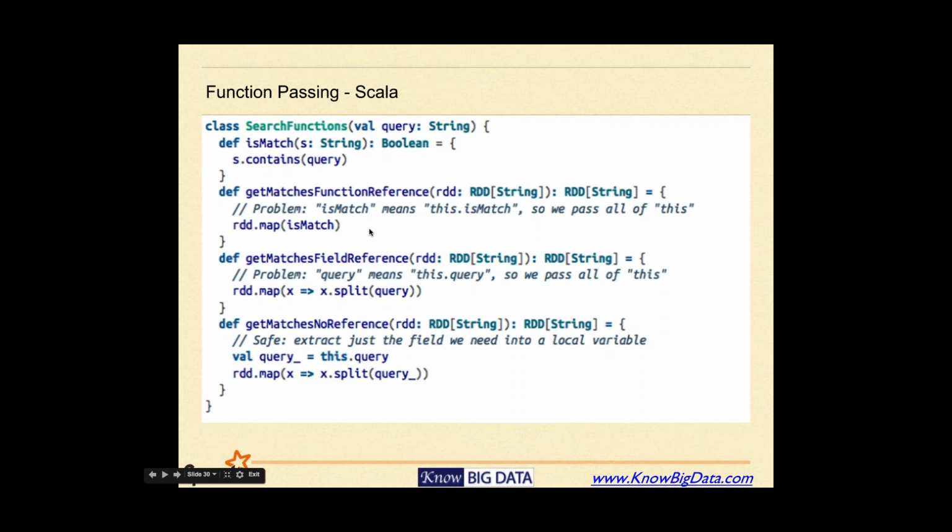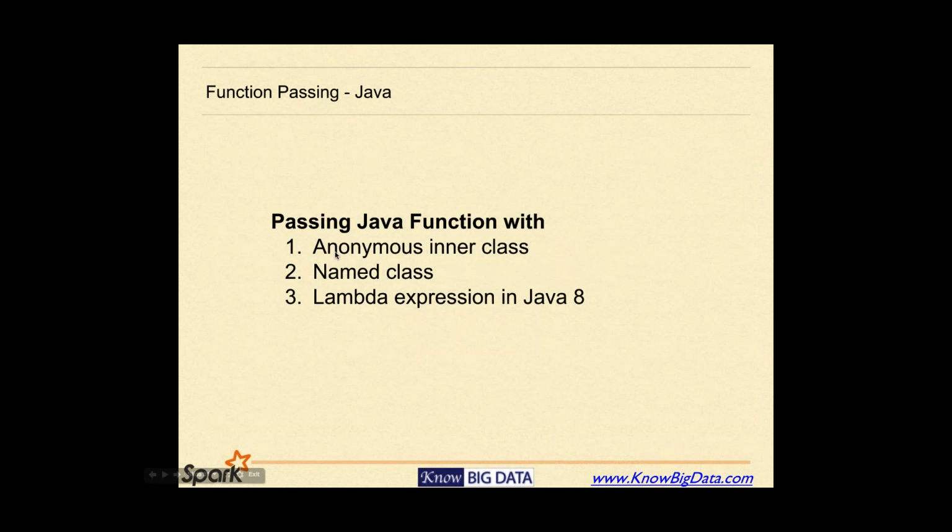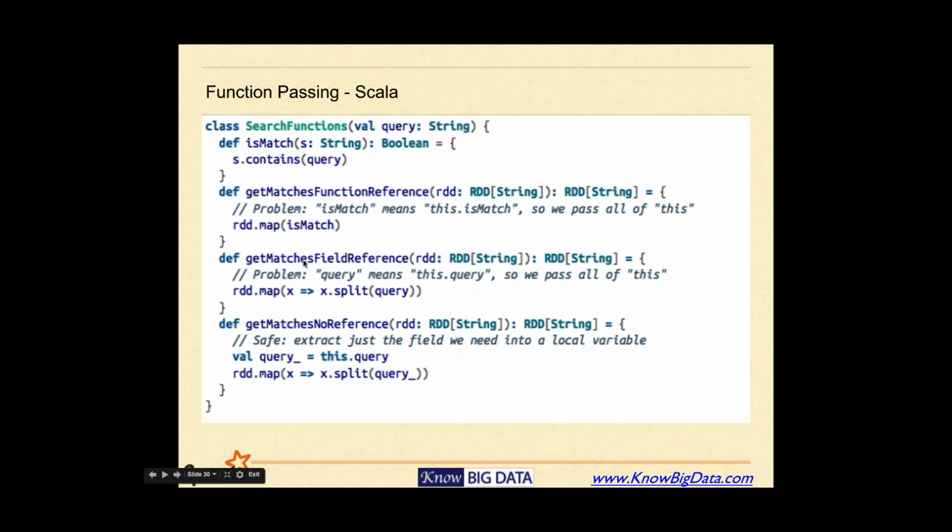All right. In the same manner, here also we have to be careful, just like in Python. Here also we might end up sending the whole object to the RDD filter or map. The way we have extracted a variable here called query, and then we are sending that in, instead of sending this dot something.